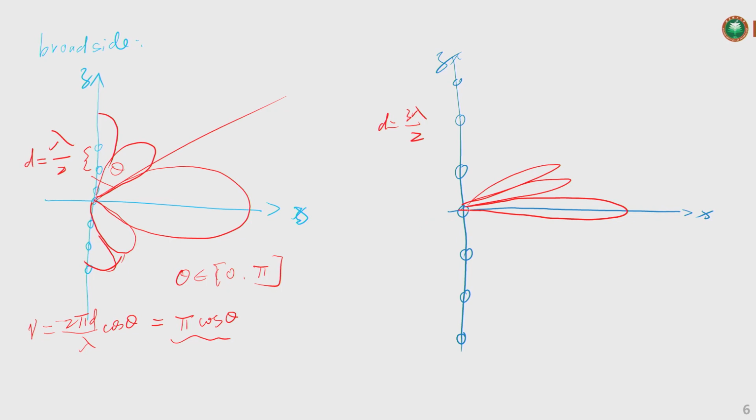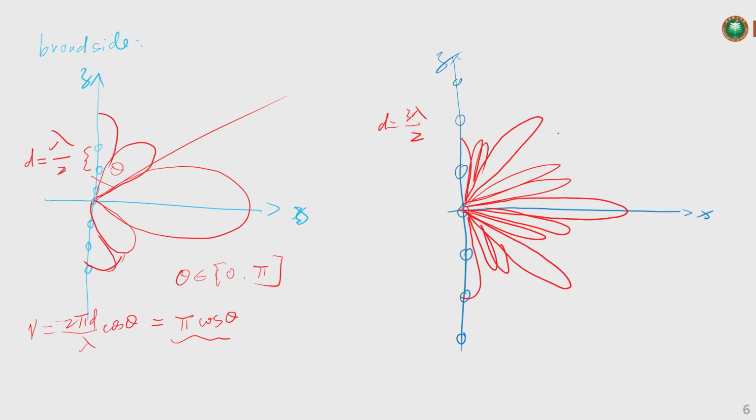This side is also the same thing. Here I have another peak, this one, and then narrower. Okay, like this one.